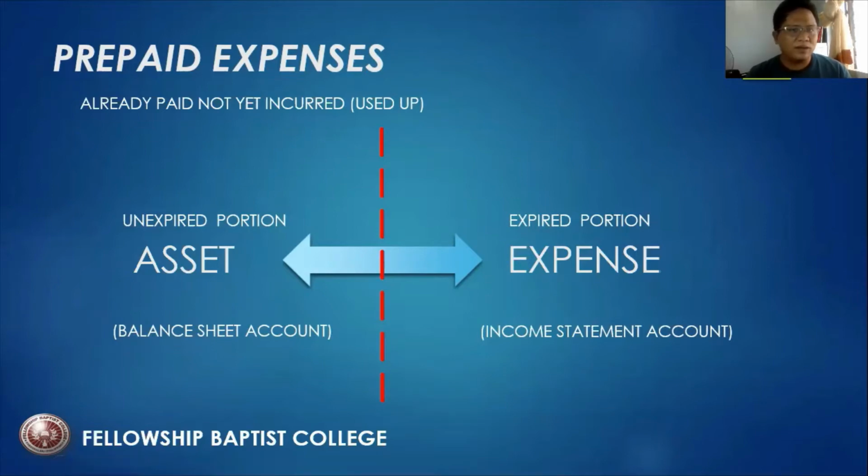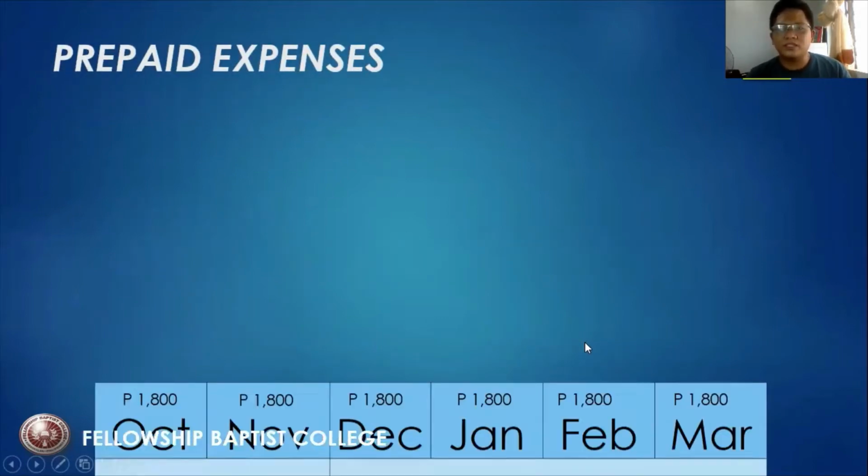So take note, we are studying adjusting entries, and every adjusting entry that we make includes one balance sheet account and one income statement account. Again, adjusting entries include one balance sheet account and one income statement account. So how do we record prepaid expenses?